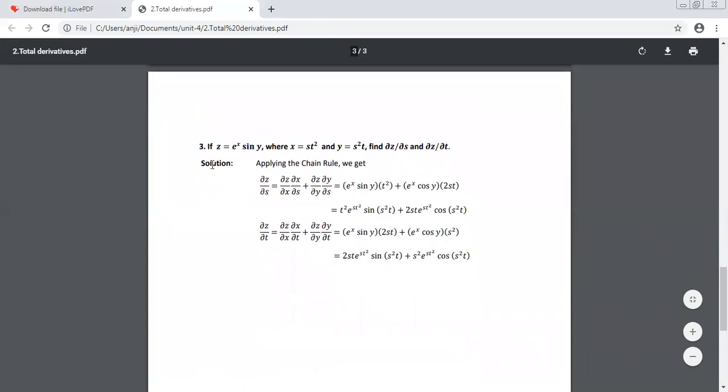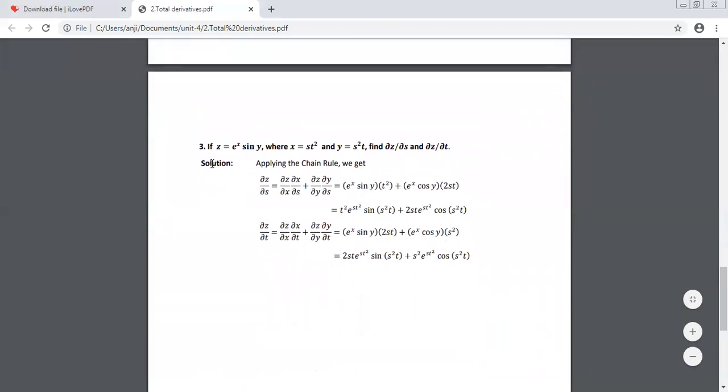Now the third problem: if z equals e^x into sin y, where x equals st² and y equals s²t, find ∂z/∂s and ∂z/∂t. So this z is in terms of x and y, and x and y are in terms of s and t.